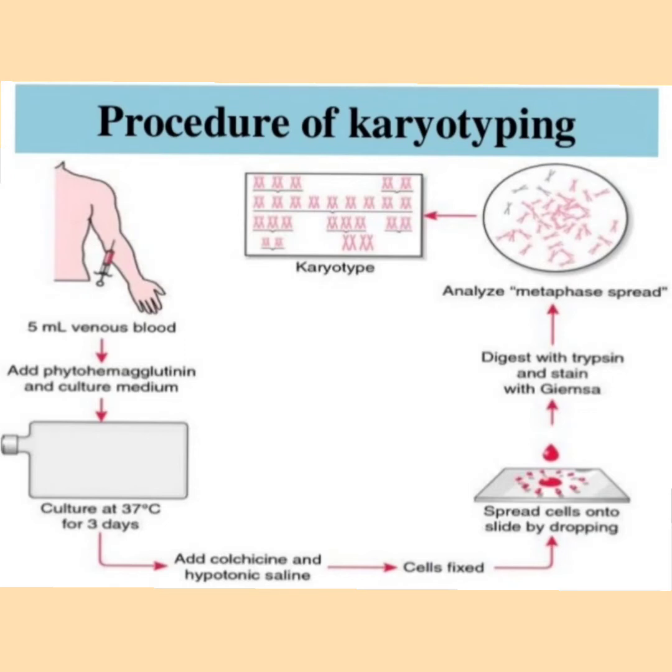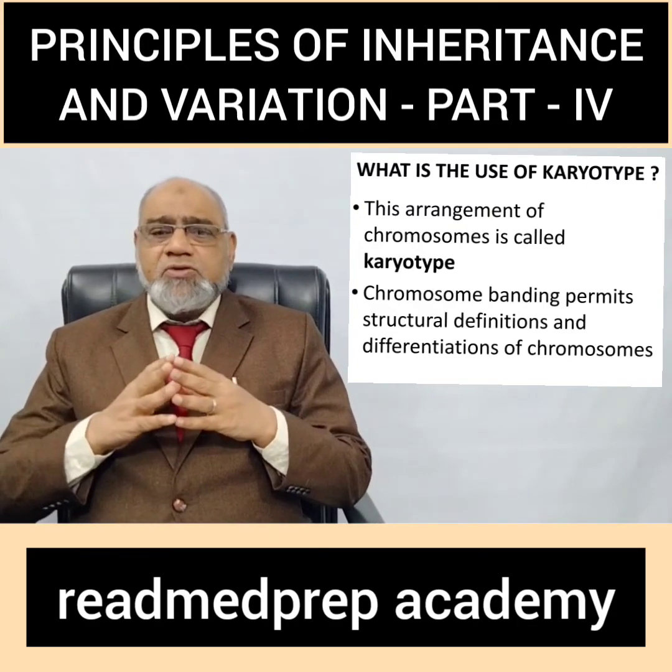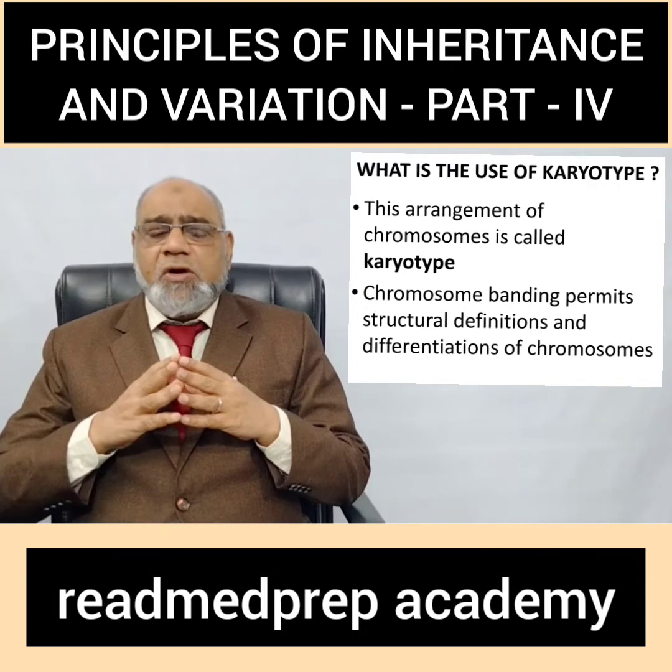The cells are spread on the slide by dropping, digested with trypsin and stained with Giemsa stain, and analyzed under the metaphase spread, and the chromosomes are arranged in a karyotype pattern. What is the use of karyotype? This arrangement of chromosomes in pairs is called a karyotype.